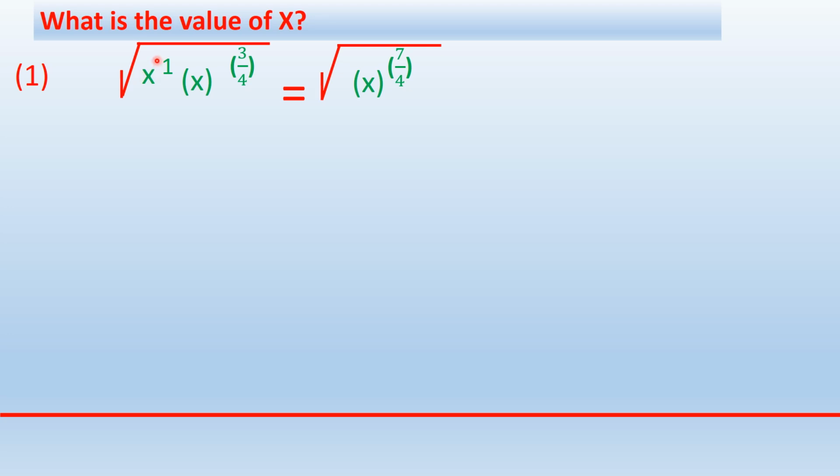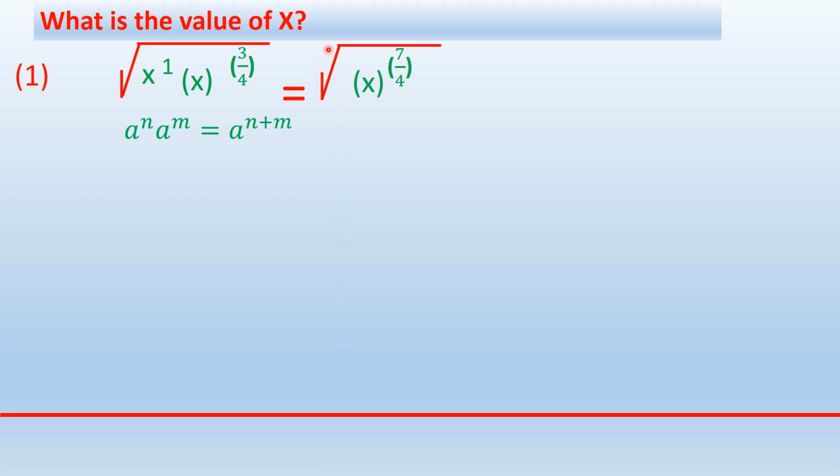Of course, we are adding 1 plus 3 over 4, which is equal to 7 over 4. Remember this formula: a to the power of n times a to the power of m is equal to a to the power of n plus m. So 1 plus 3 over 4, when we take 4 common, 4 times 1 is 4, plus 3 is 7, so it comes to 7 over 4.